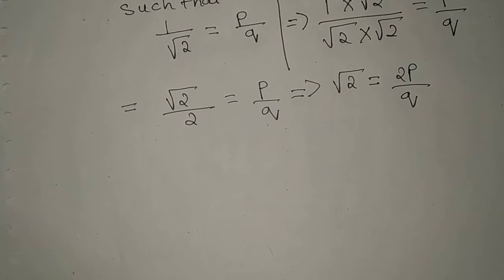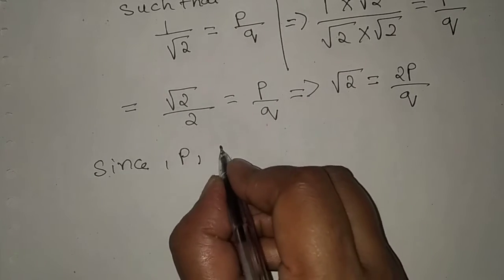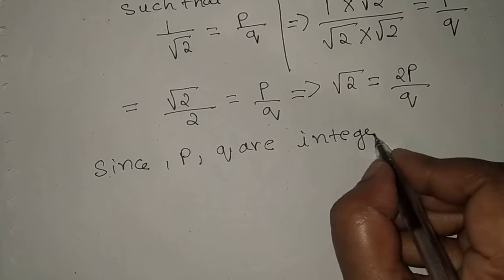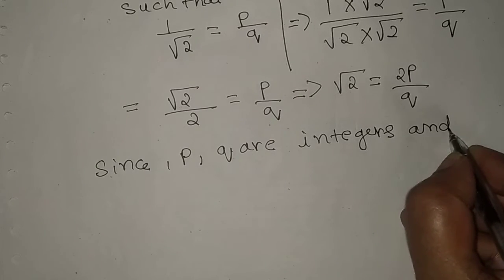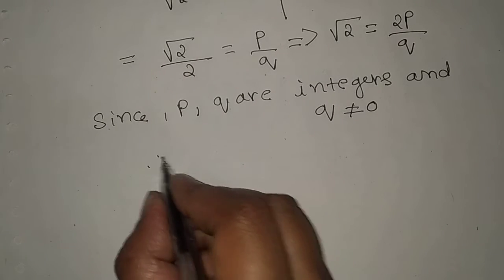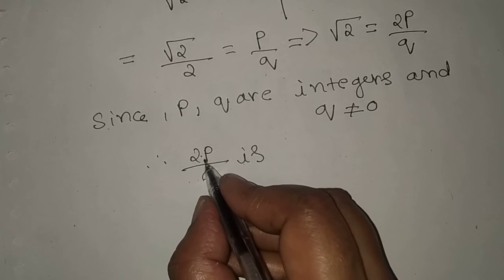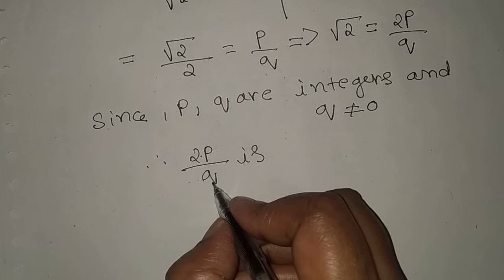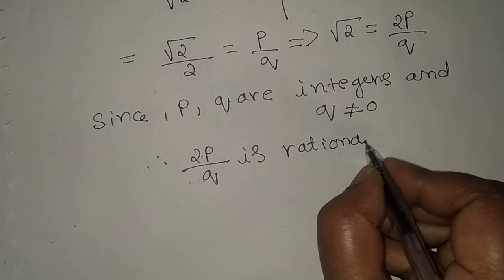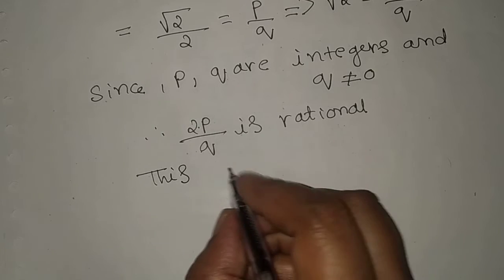Since p, q are integers and q not equal to 0, therefore 2p by q is rational. So the condition is satisfied, both are integers and q not equal to 0.